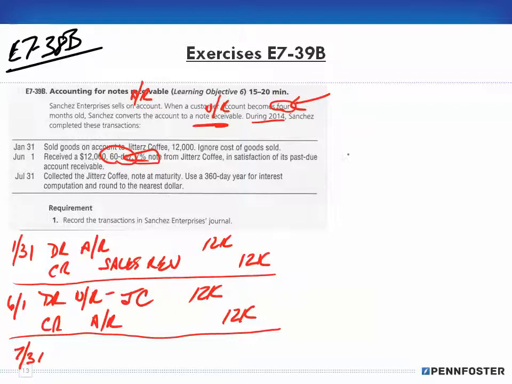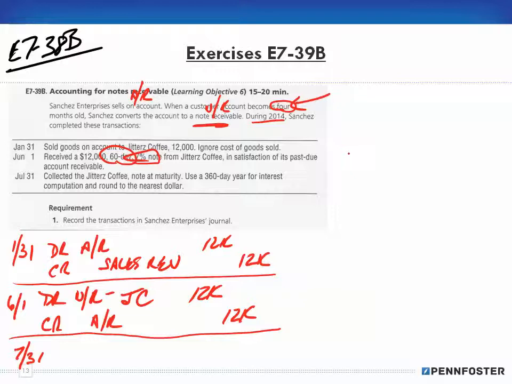So let's make the interest calculation, because we know we're going to receive cash, and we also know we have to reduce the note receivable to 0. But the issue is how much cash are we going to receive?